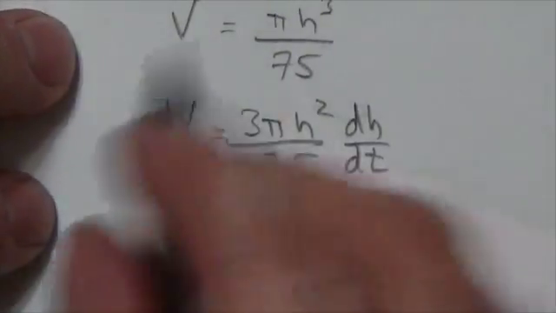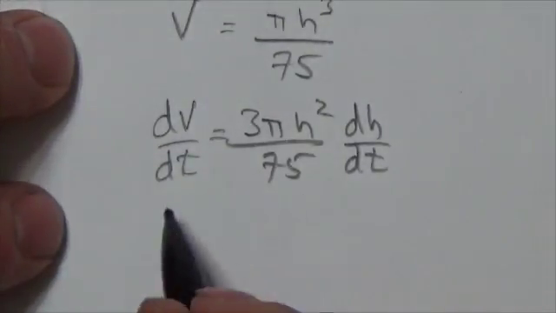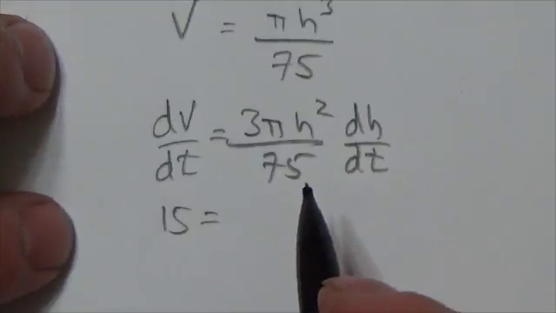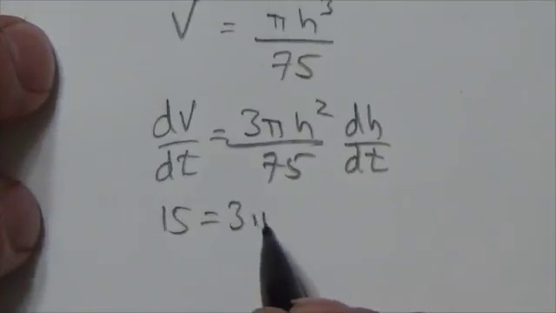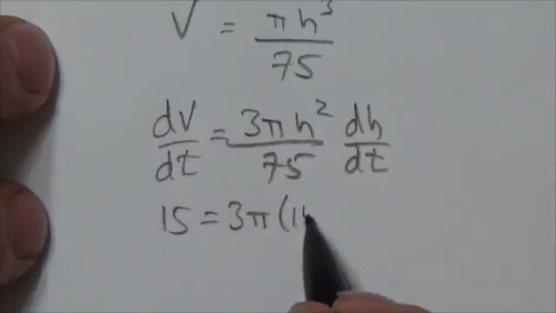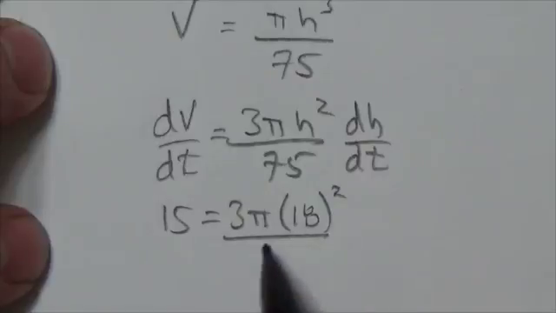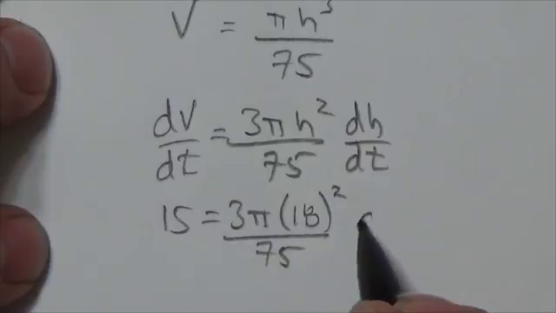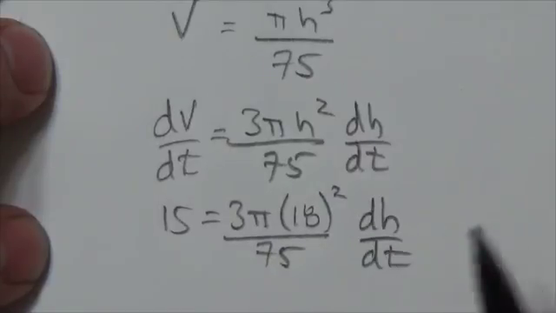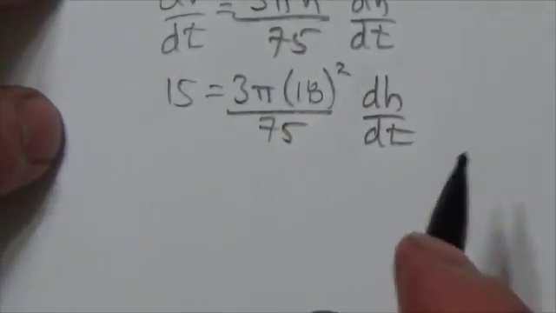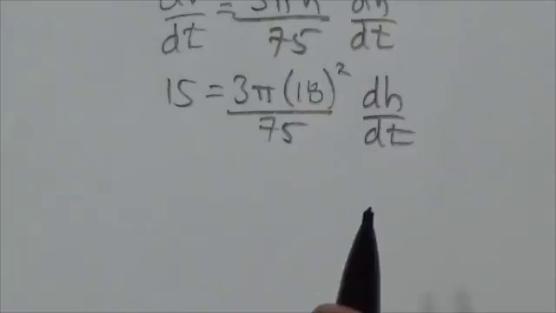So here, I can now plug stuff in. I know that my volume rate was 15 inches cubed per second. 3 pi, my height at the moment that we're looking for is 18. That'll be squared. This is all over 75. And I'm looking for dh/dt. And so now it's just a matter of moving stuff over. I'm going to go to my calculator here.